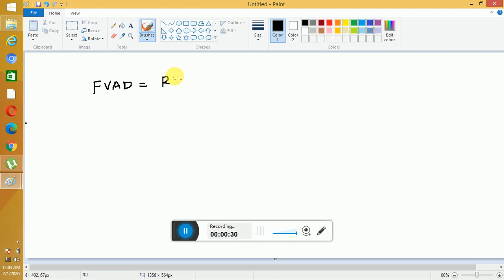And this was the formula: R times [(1 plus I) raised to the power n, minus 1], whole divided by I, and then we multiply it with 1 plus I.